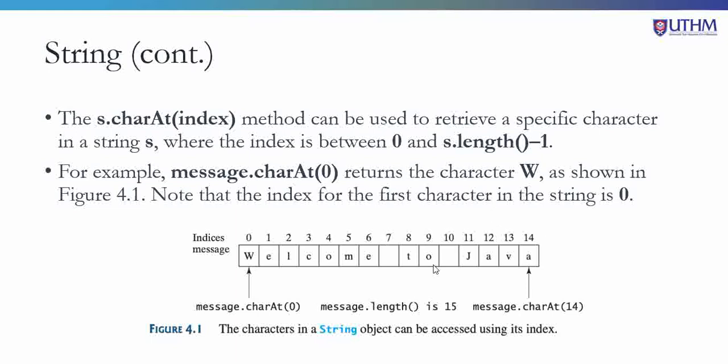As we have "welcome to Java", the index should start with 0. So W is located at index 0. Total we have 15 including 0, because we start with 0, so the end of the index should be 14. So when we write message.charAt(0), what it will turn out is the letter W.